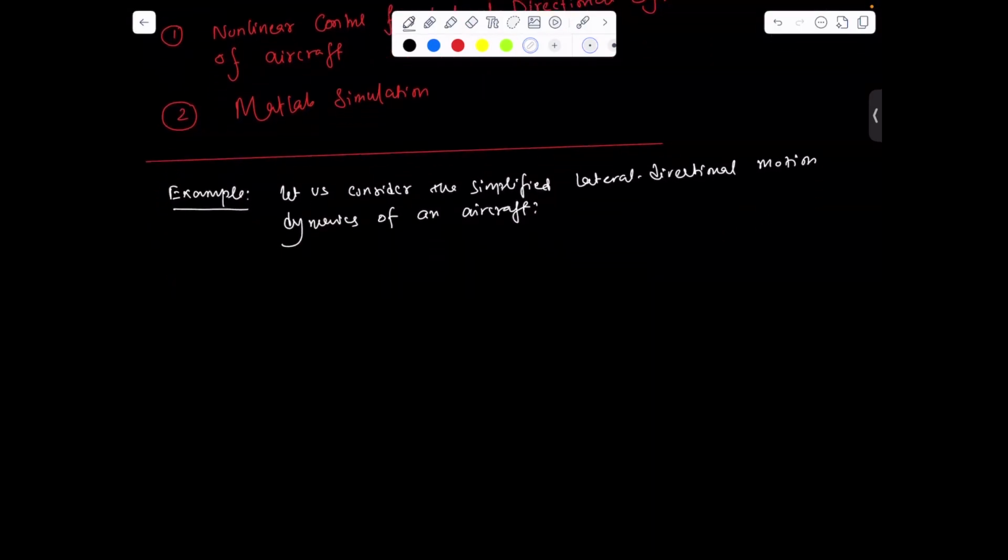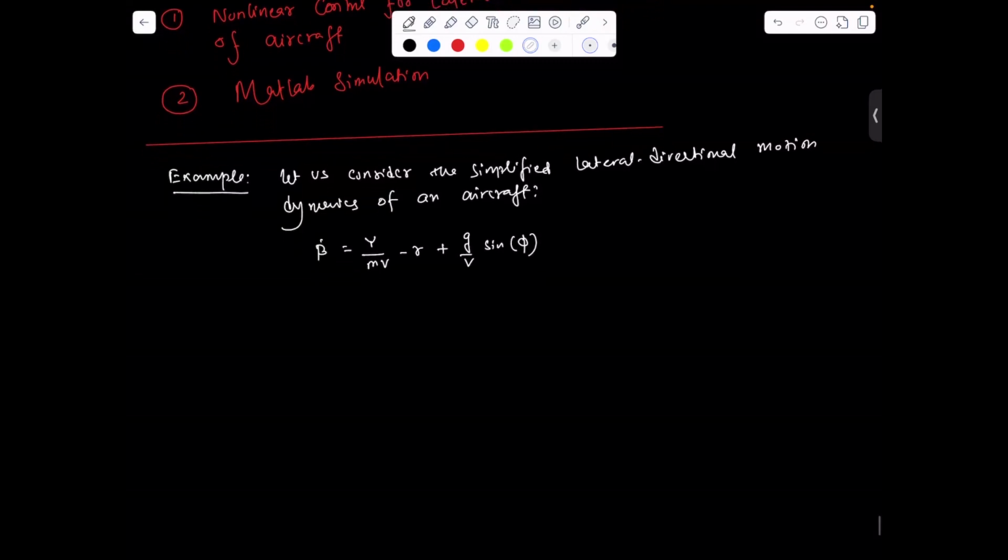We can write beta dot, which is basically the side slip angle, equal to Y divided by mV minus r plus g by V sine phi. We are taking the simplified model, but you can take the complex one, and based on which the control algorithm will differ, but the process of designing control will be the same.